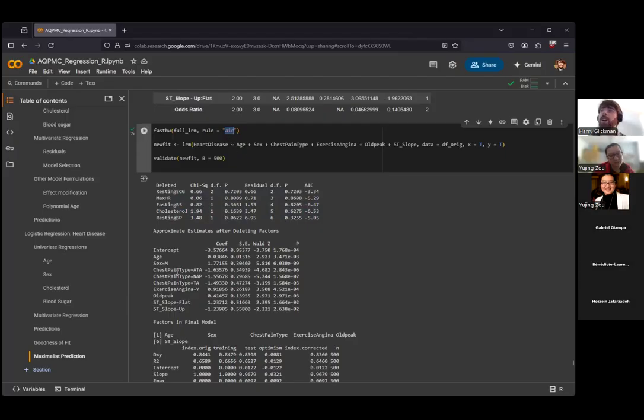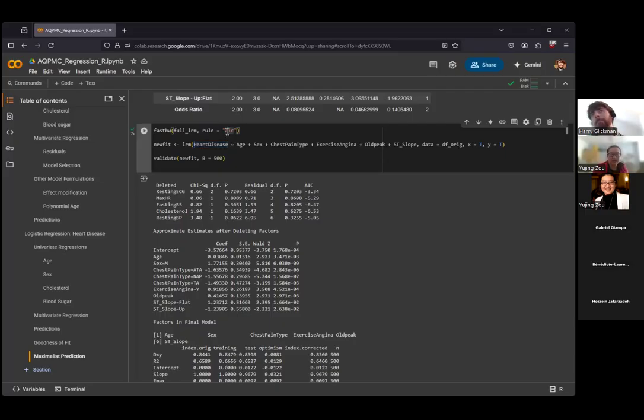So it's what set of variables out of all the possible combinations give you the best AIC. And this isn't an exhaustive search. There's ways to do exhaustive searches, but it tends to converge to the exhaustive search result. So it chose the variables that predict heart disease with the best AIC.